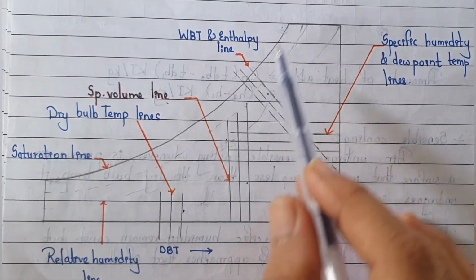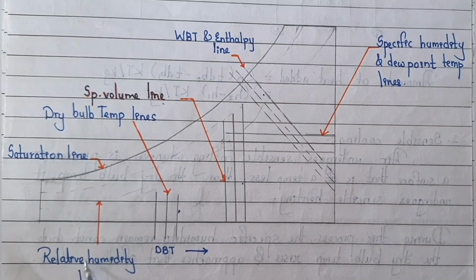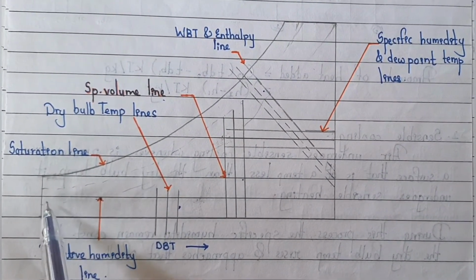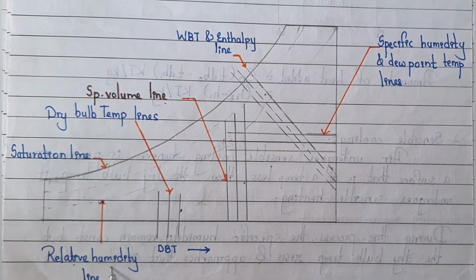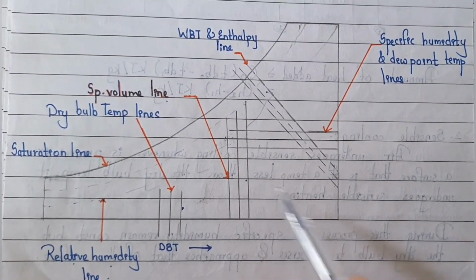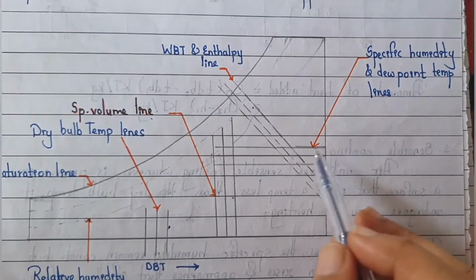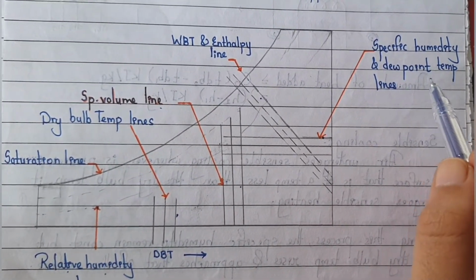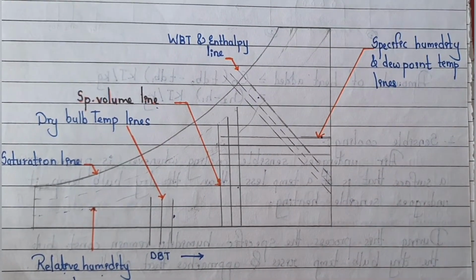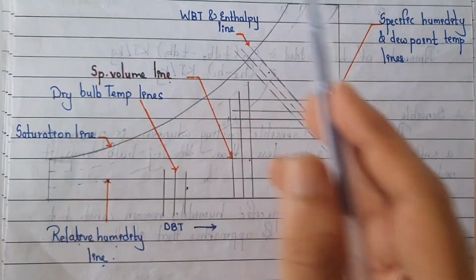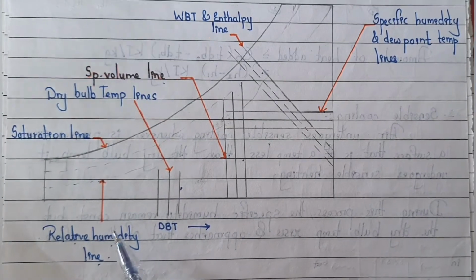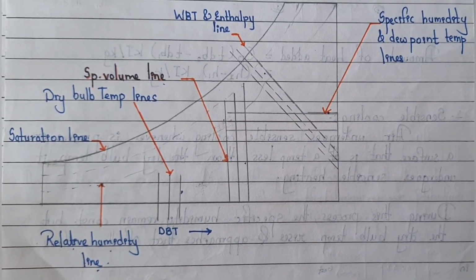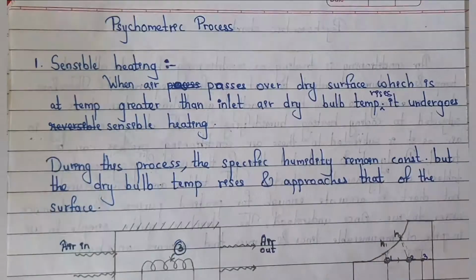This whole curve is a saturated line, and this dash line is a relative humidity line, and this line is specific humidity and dew point temperature line. And from this chart you can calculate all these values accordingly at cooling, heating and humidifying conditions.